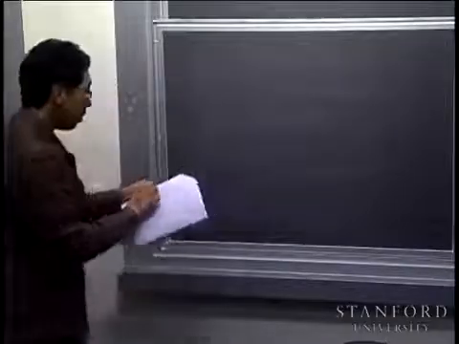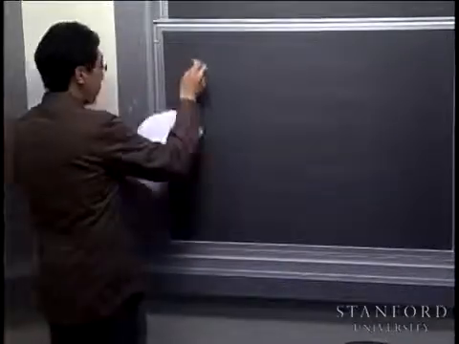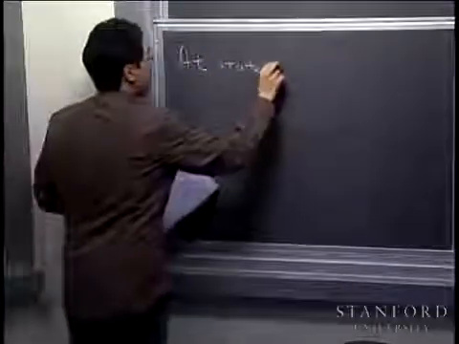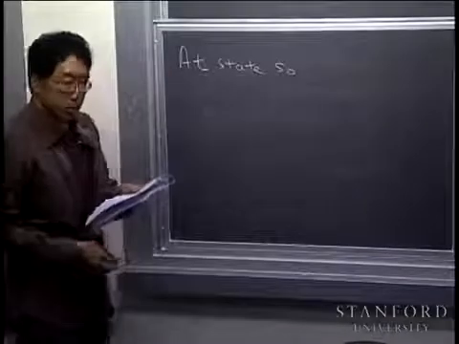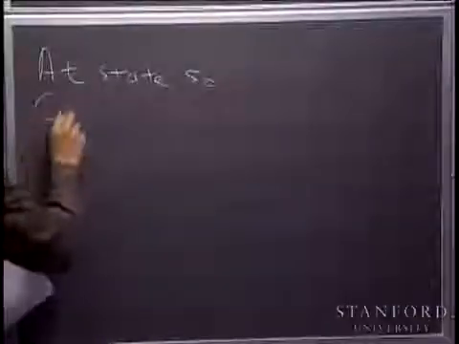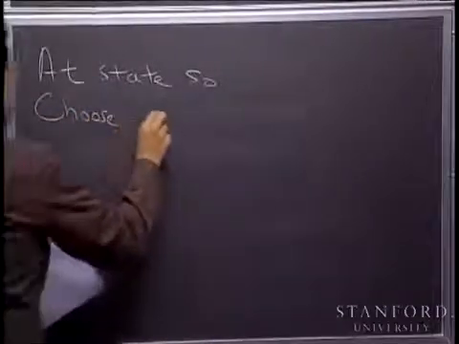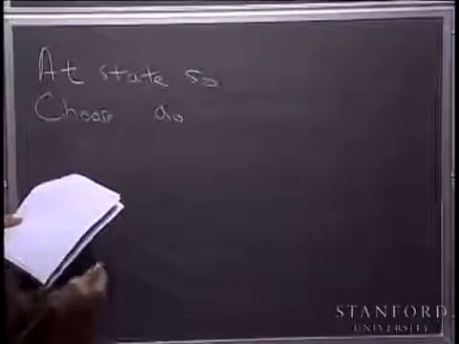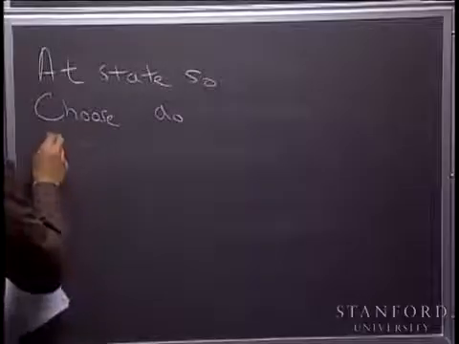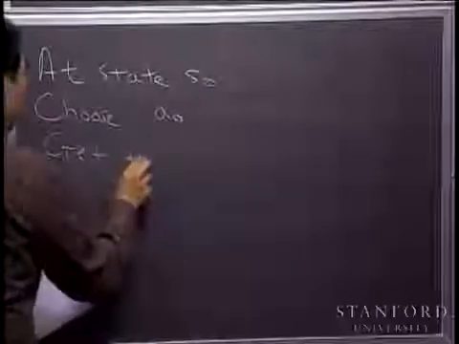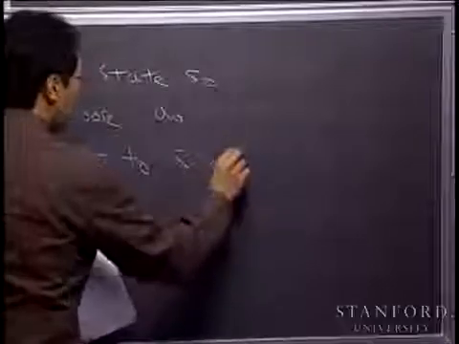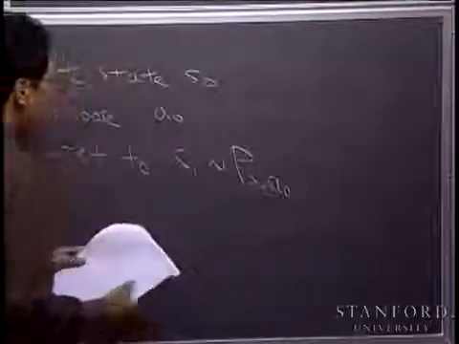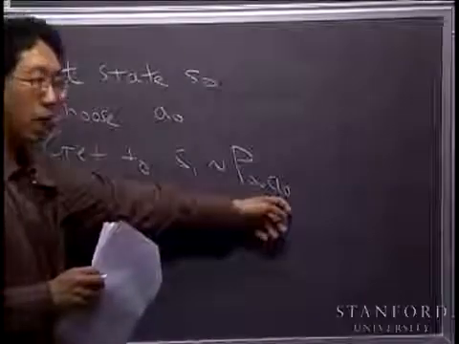So let me just say how an MDP works. At time 0, your robot starts off at some state S0, and depending on where you are, you get to choose an action A0. You decide, do I go north, south, east, or west? Depending on your choice, you get to some state S1, which is randomly drawn from the state transition distribution indexed by state S0 and the action you just chose.